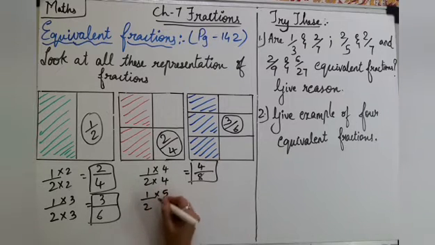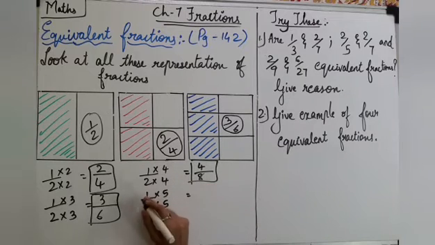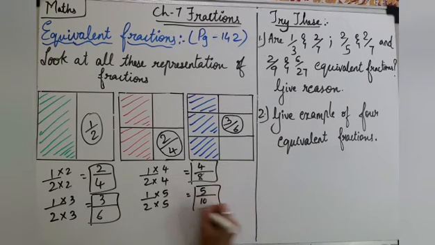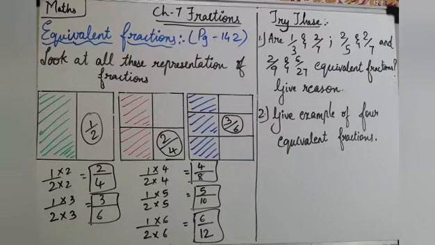We can multiply it by 5 also. 1 5s 5 and 2 5s 10. Multiplying by 6, 1 into 6 is 6. 2 6s are 12. So I have found 3 more. Right? So they are equivalent to each other.